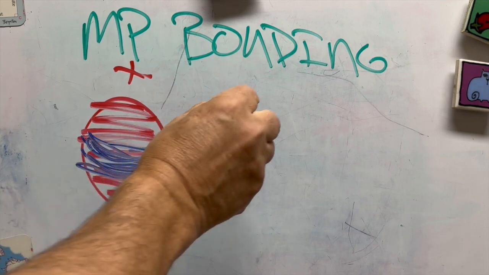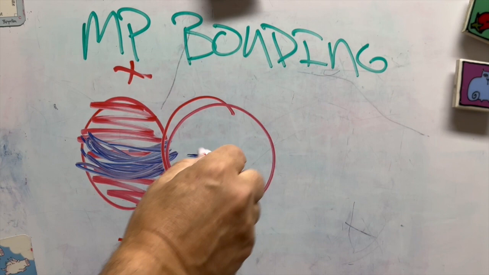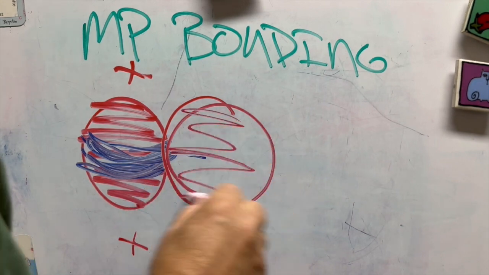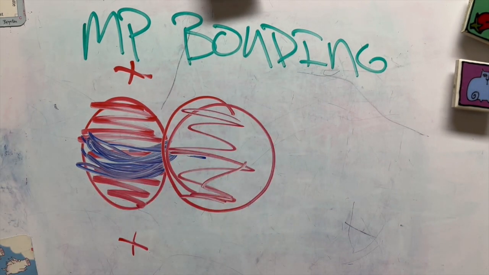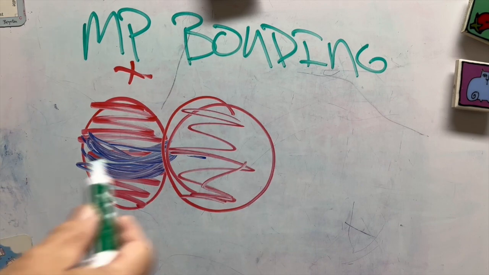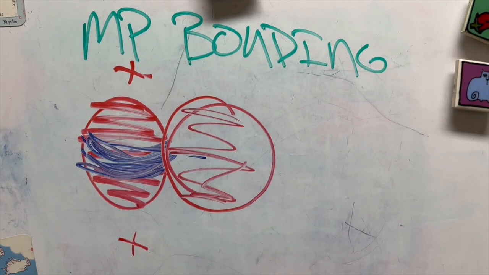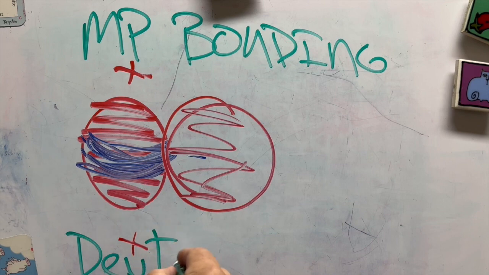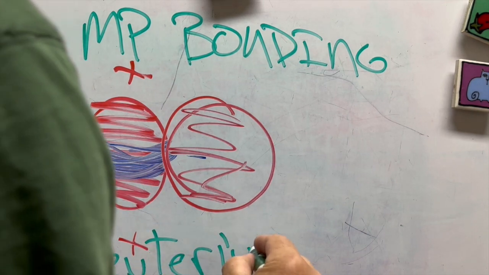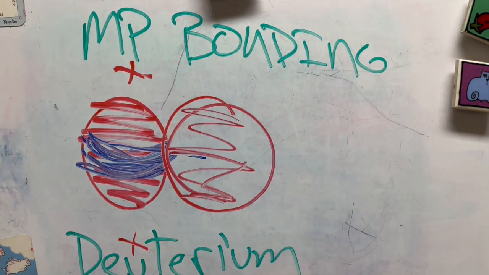And then your proton sticks to that, forming sort of a unit. So that's deuterium. You can stick another proton on there, and you'll get tritium.